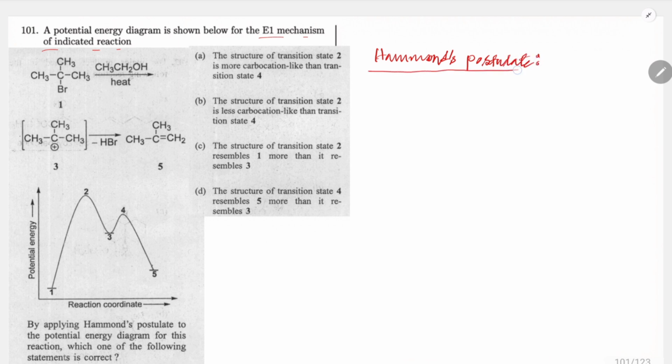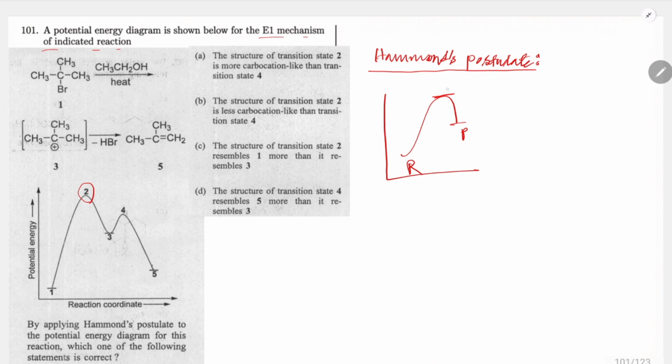The Hammond postulate states that the transition state, suppose this is the transition state 2, will be similar to the species which is lower in energy, closer to the transition state. Suppose this is the reactant, this is the product, and this is the transition state.